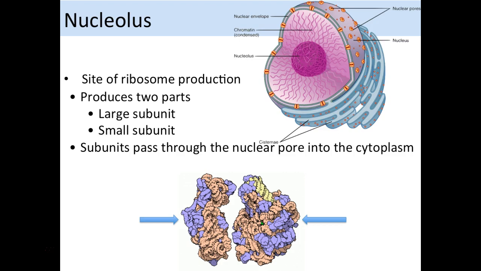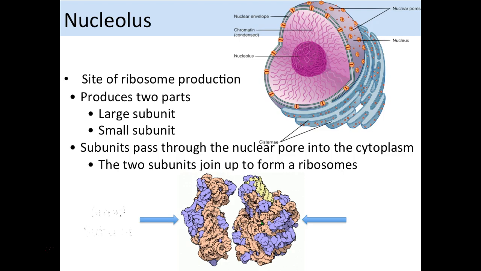These subunits pass through the nuclear pore into the cytoplasm. Then the two subunits join up to form one ribosome. Small unit, large unit.